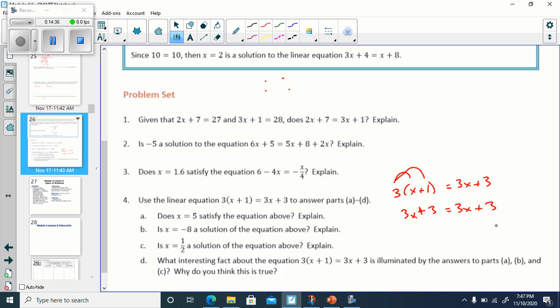Anything, any answer that you put in there will be a solution for this. In fact, if I subtract 3x from both sides, it's simply going to give me that 3 is equal to 3. And this tells me, when I get to the bottom of the equation, if all I've got is this, that anything could be a solution to this particular equation.